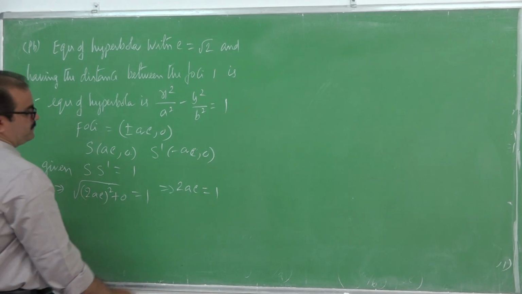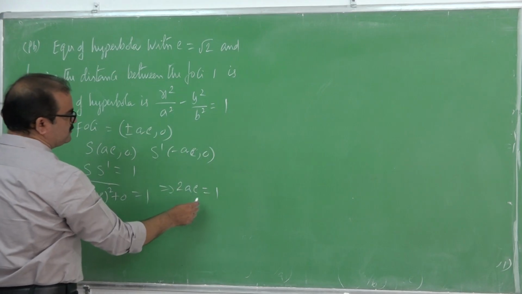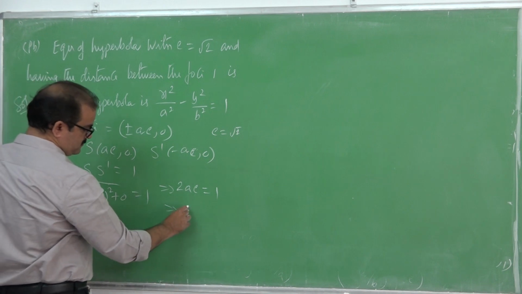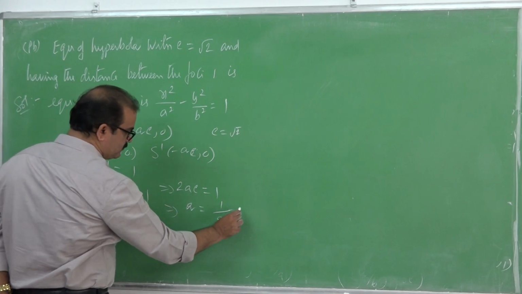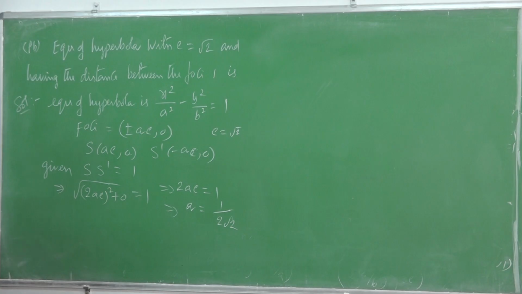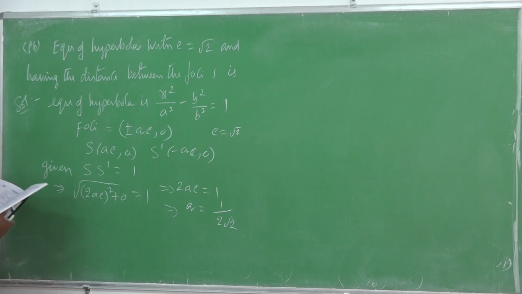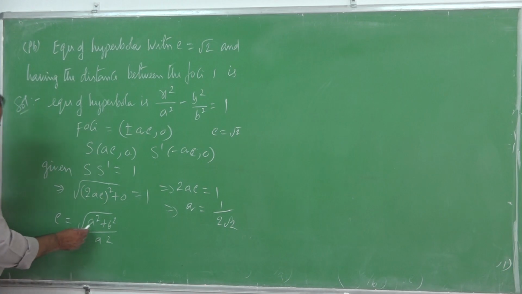From this, e is given. What is e value? Root 2. Substitute e value. Then a is equal to 1 by 2e, that is 1 by 2 root 2. Now how can we find b value? In hyperbola, what is the formula to find eccentricity? e is equal to root of (a square plus b square) by a square.